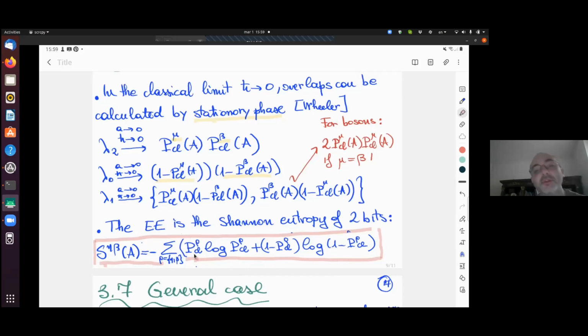And this, again, is not surprising, because the amount of information that we gain from the system by observing it is really the Shannon entropy of 2 bits, which are these classical particles. And I stress that it's important that the number of particles is conserved to really write this formula.